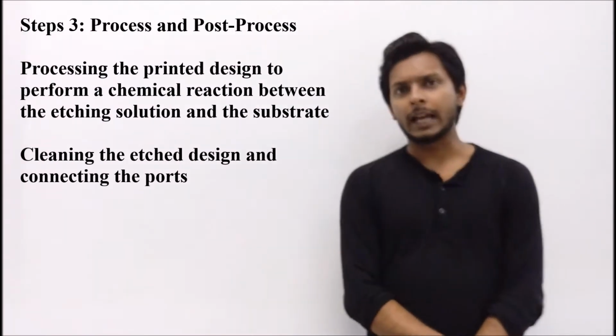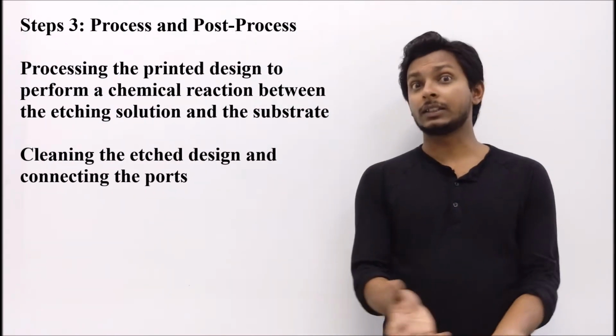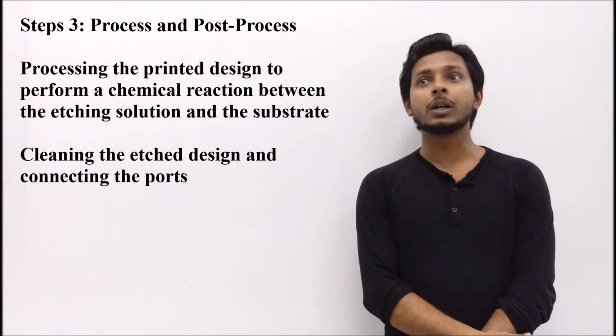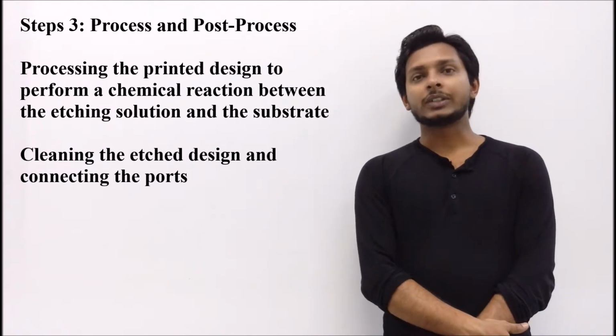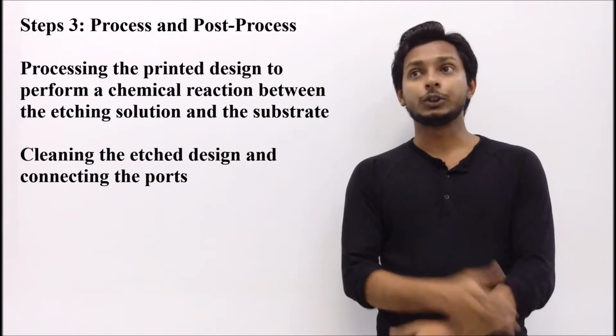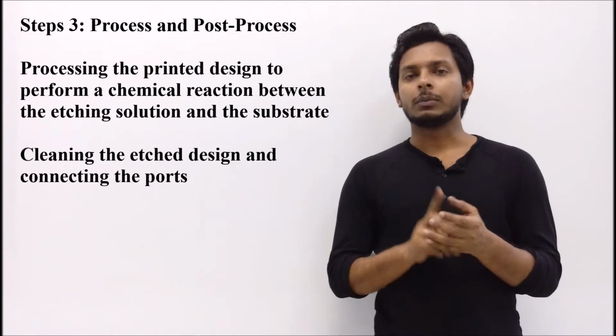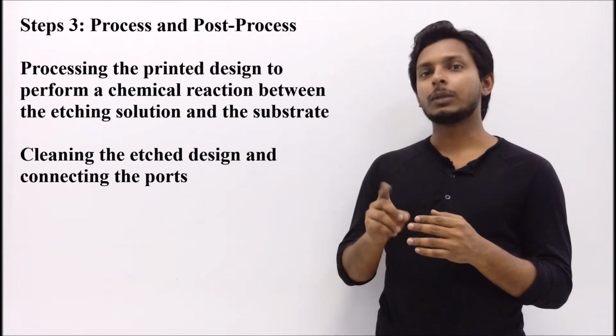And the final step that is very important, and that's the basic thing of the etching process, is the chemical reaction, with some materials and substances that we will talk about later on and show you. This is divided into 2 parts: the process and the post-process.